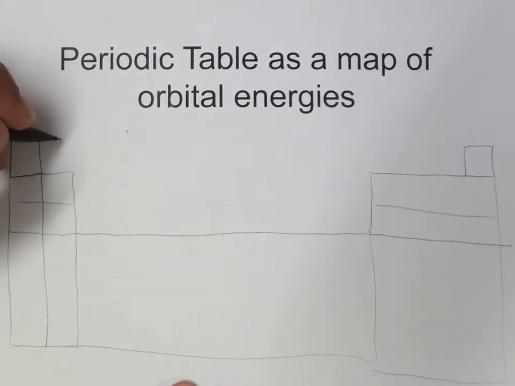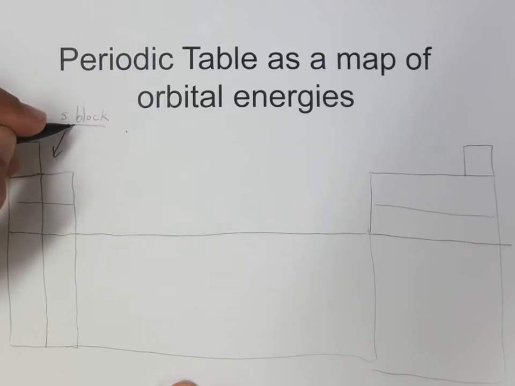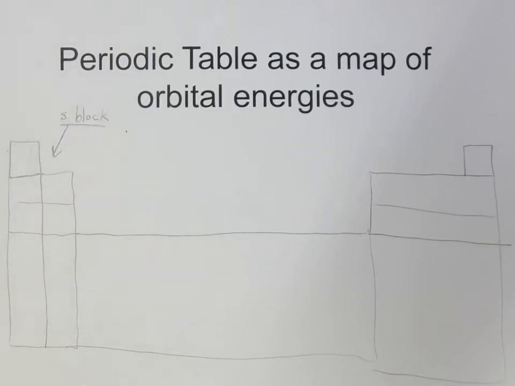And you'll see this often in classes, that the first two columns of the periodic table are often referred to as the S block elements, because the elements in those two columns have outer electrons in the S sublevel. So the S block, the outer electrons are in the S sublevel.